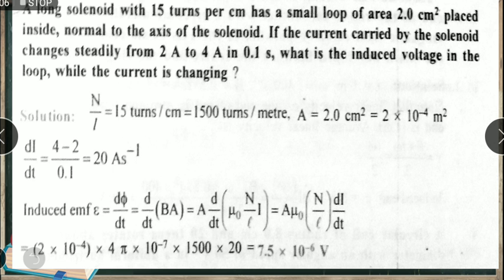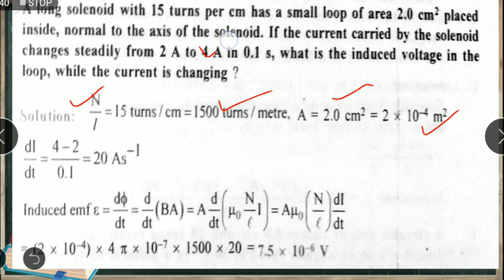So there is a solenoid, and the number of turns is given, that is n, 15 turns per centimeter. If I convert in terms of meter, it will be 1500. Area is given: 2.0 centimeter square, that is 2 into 10 raised to minus 4 meter square. Next, di by dt. Di is nothing but final current minus initial current.